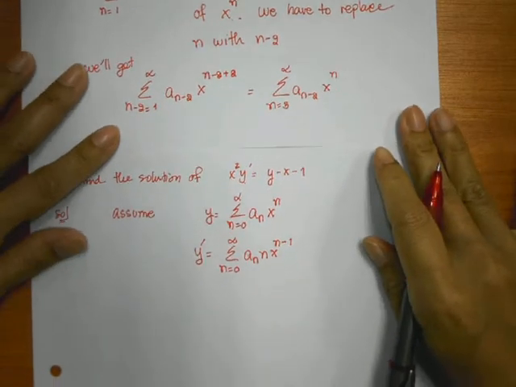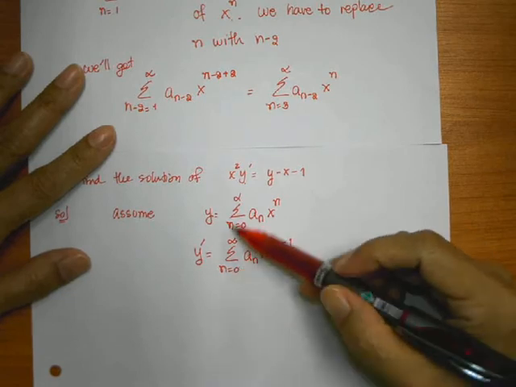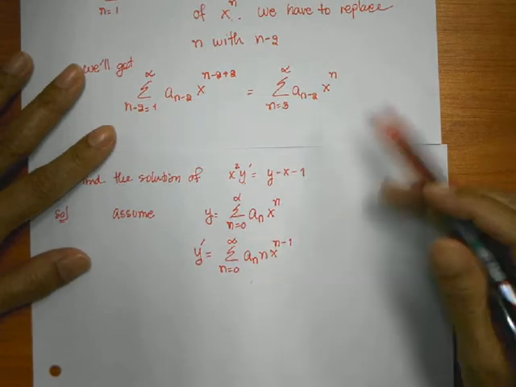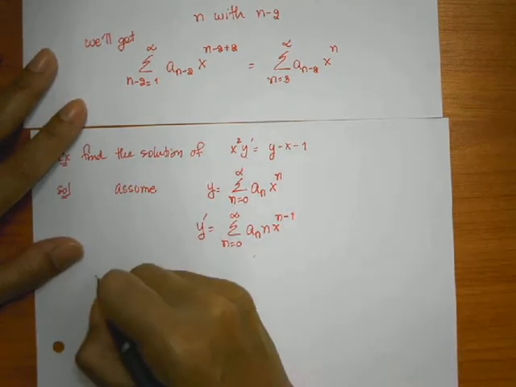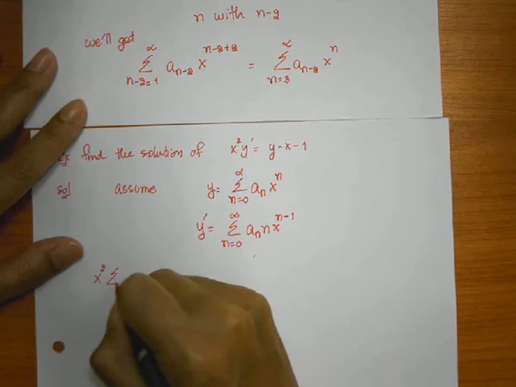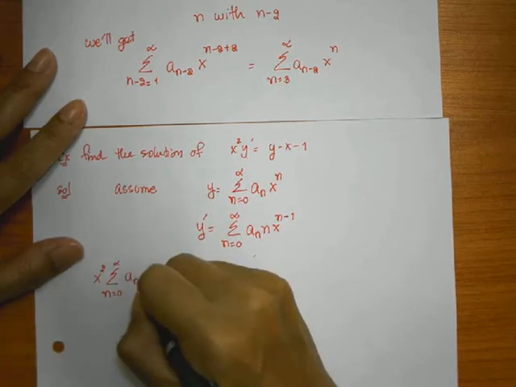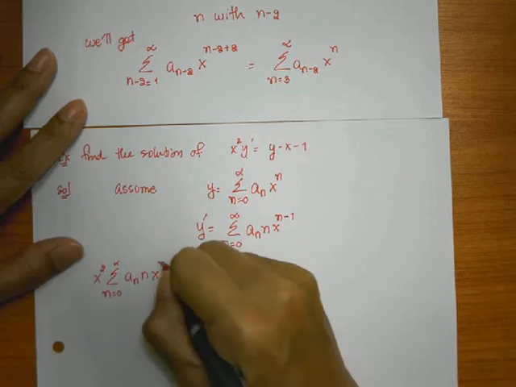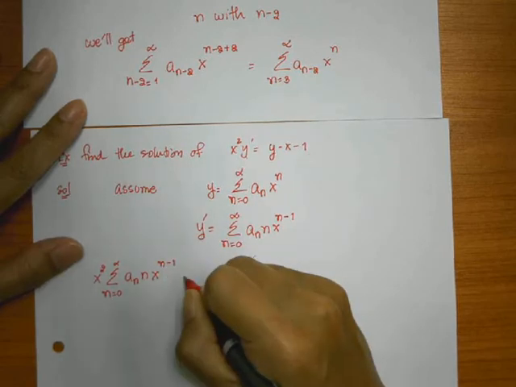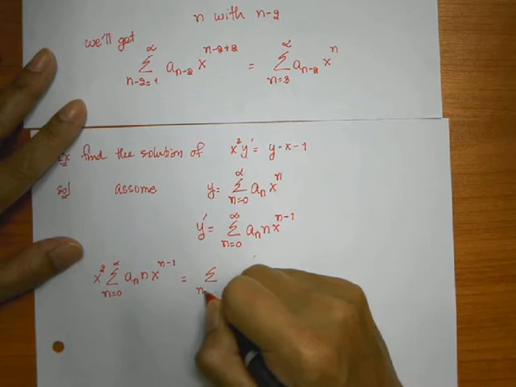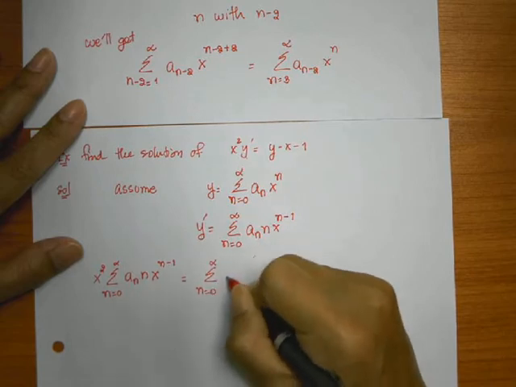Okay, and then we replace y and the first derivative of y back into our differential equation. So we'll get x squared times the summation of a n times n x to the power n minus 1 equal to this term.